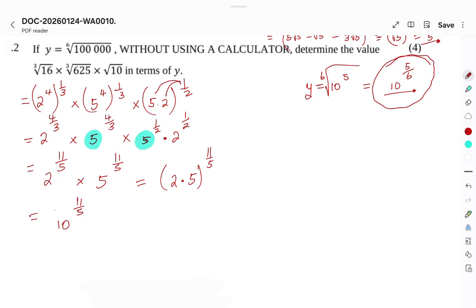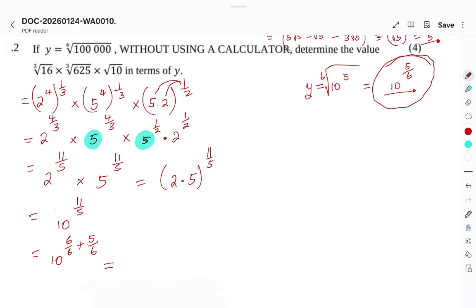So if you pause a moment and think about this, you know that this is going to be the same as 10 to the power of 5 over 5 plus 6 over 6, 6 over 6 plus the 5 over the 6. Okay, because you're just going to take the 6 there, then add the exponent.